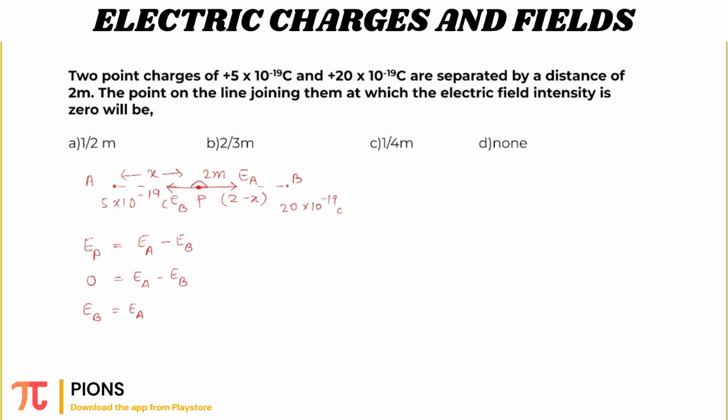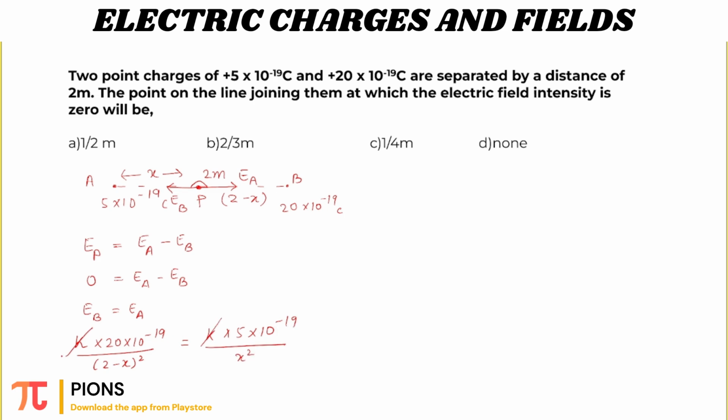Now let's substitute the value of EB and EA. EB, electric field due to B at point P, will be K times the charge Q, 20 into 10 to the power minus 19, upon the separation, that is 2 minus x whole square. That will be equal to K times the charge on A, that is 5 into 10 to the power minus 19, divided by the separation, which is x square.